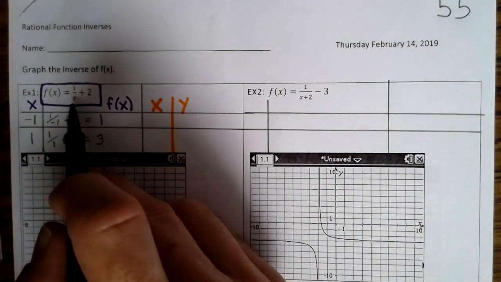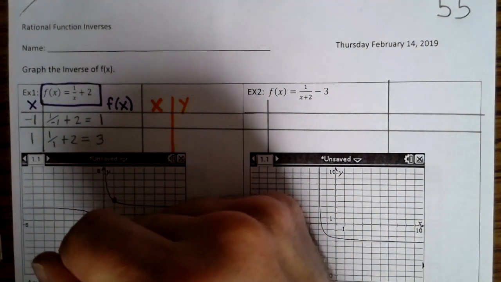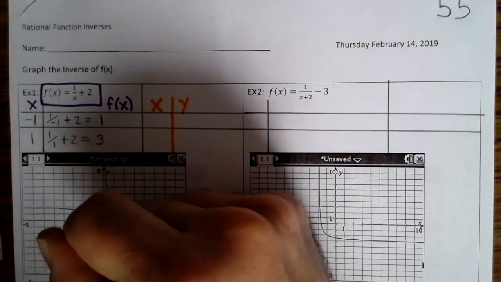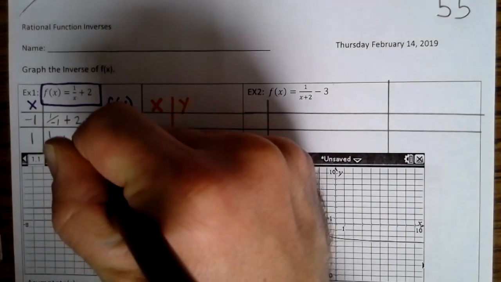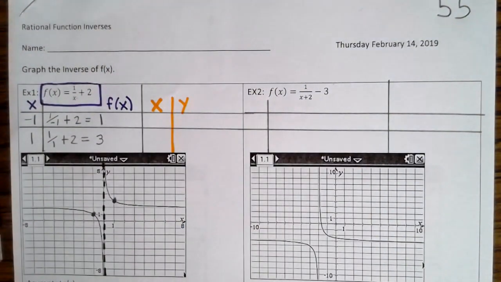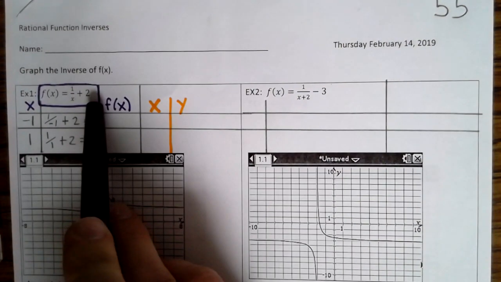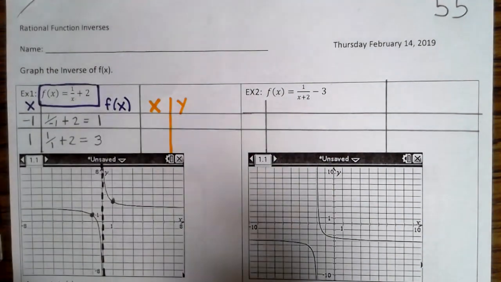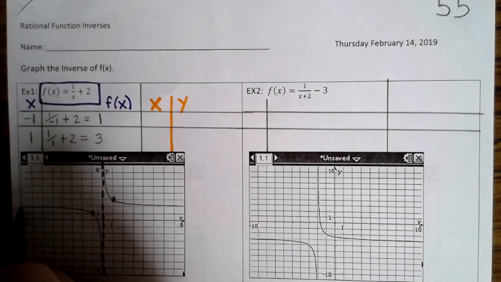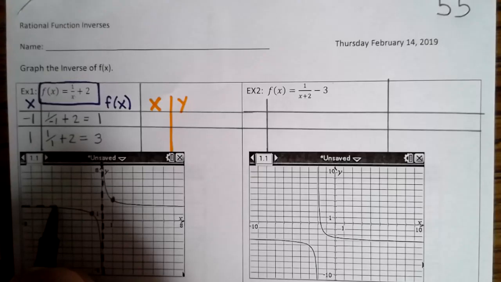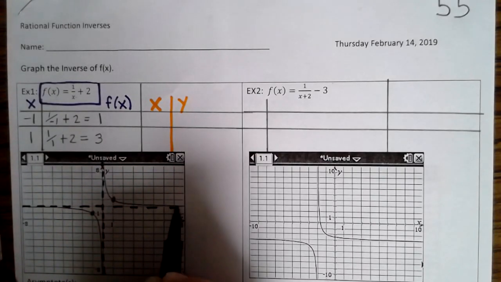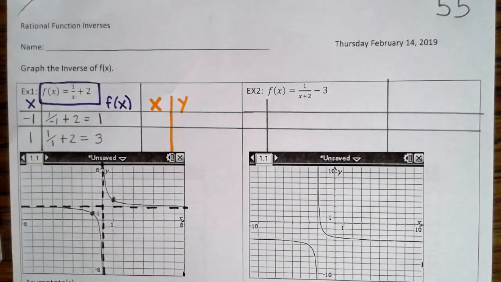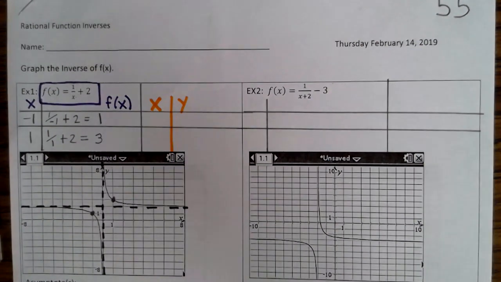So at x equals 0, that's one of our asymptotes. And we see here that the graph shifted up 2, so that means our asymptote is at y equals 2. Okay, so there's the function.